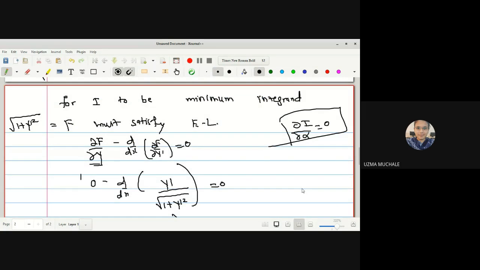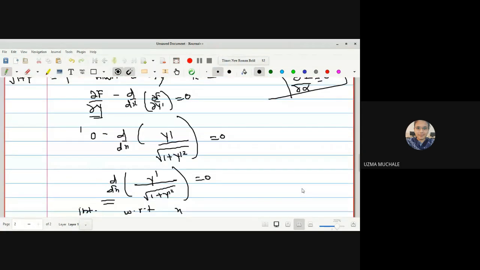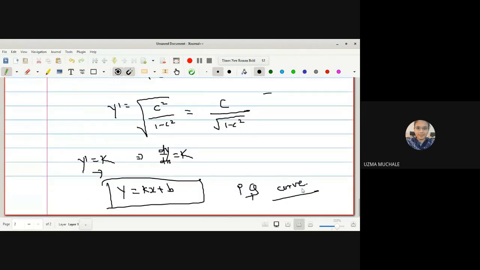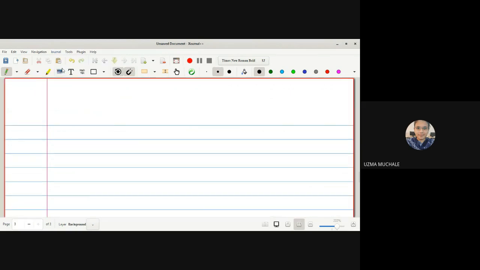Now in this case, we are considering the minima. So for I to be extremum, the integrand f satisfies the Euler-Lagrange's equation. In solving it, we get the equation y is equal to kx plus d. Is that okay? Any doubt for this example?